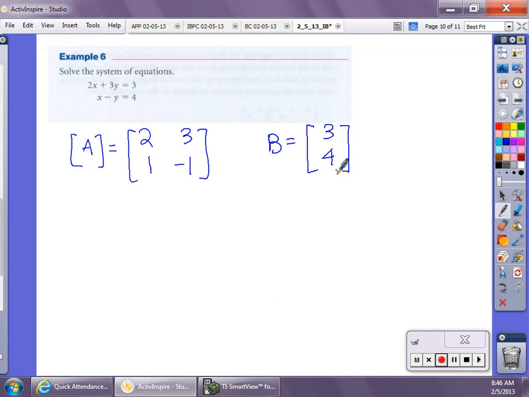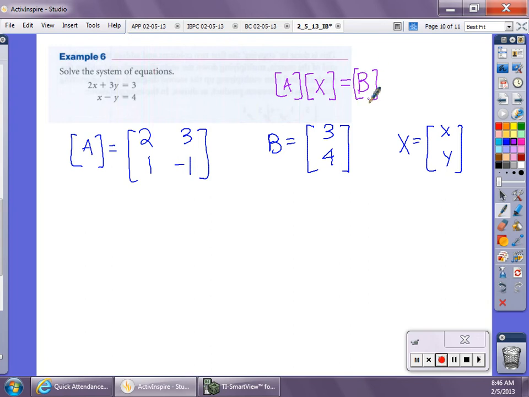And then your variable matrix is XY. So a lot of times they just call it X. I did do it a little bit out of order because I like having my A and B together. But the actual matrix equation is physically, if you multiply matrix A by matrix X, you should be getting matrix B. That's the physical equation.